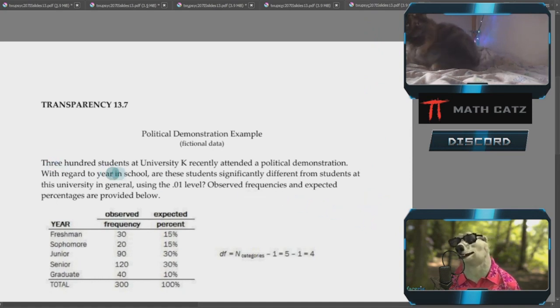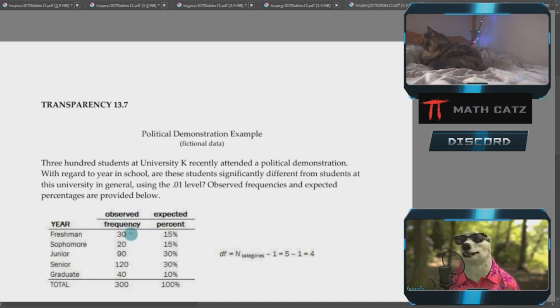So we have 300 students at some university. They attended a political demonstration. With regard to the year in school, are these students significantly different from students at this university in general, based on prior rallies or demonstration attendance? And we're using a 1% alpha this time just to mix it up. So we get our observed frequencies and compare that to the expected frequency.